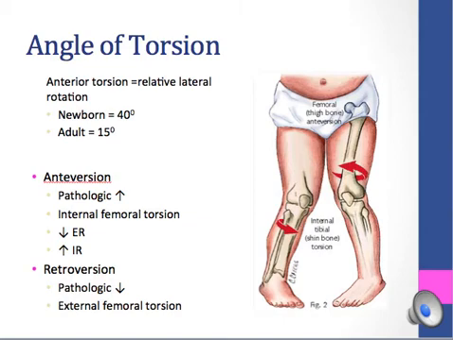Femoral anteversion is considered to exist when the angle of that anterior torsion is greater than 15 to 20 degrees. A reversal of that would be femoral retroversion, really occurring when the angles are less than 15 to 20 degrees.